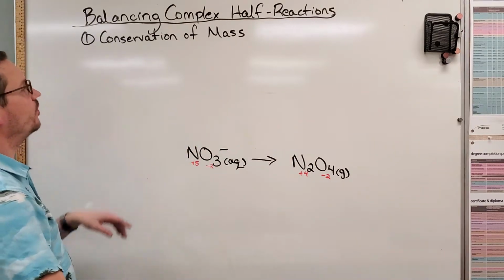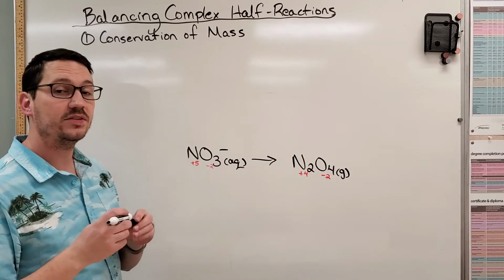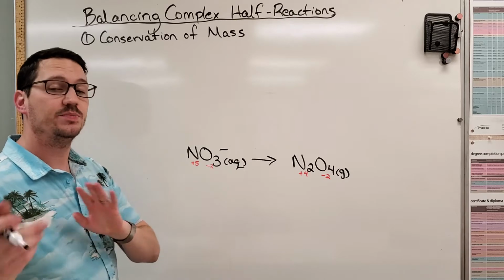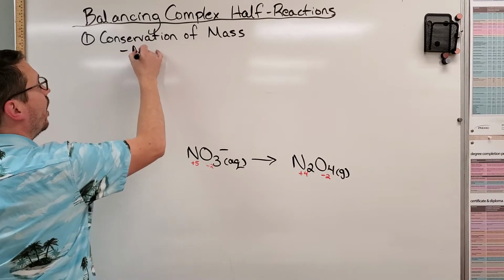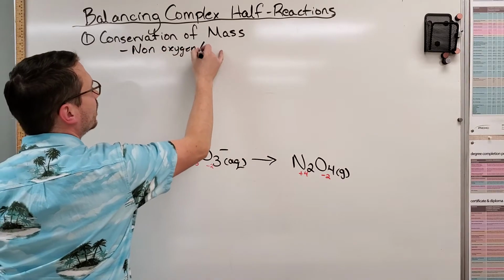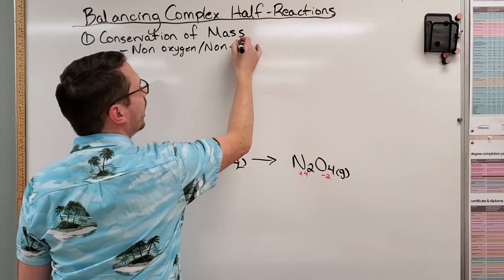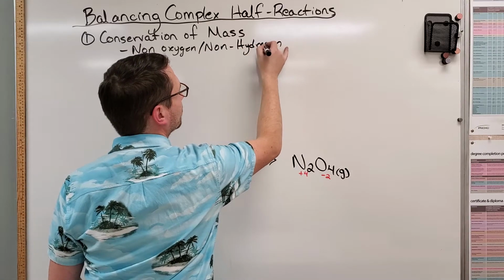So what we want to do is balance using the law of conservation of mass. And we have to do it in a very specific order. We have to look at elements in a very specific order. You always want to deal with your non-oxygen and non-hydrogen elements first.